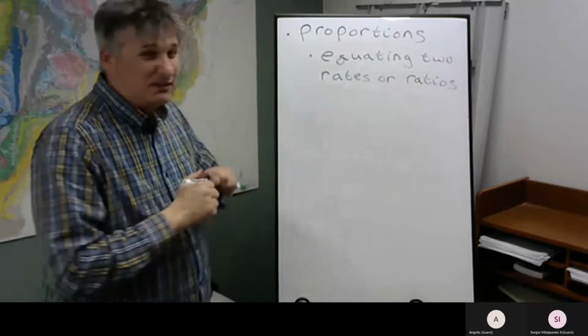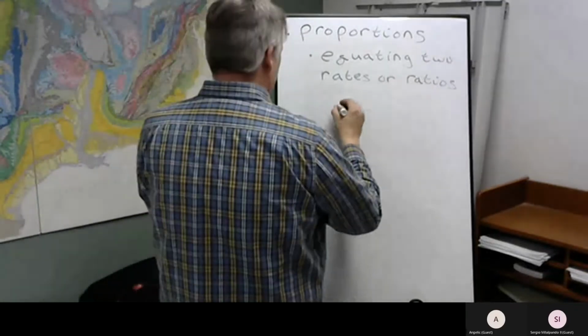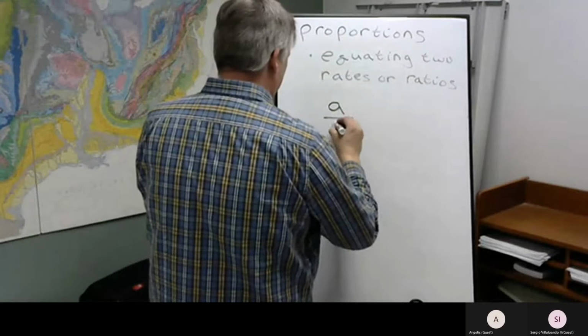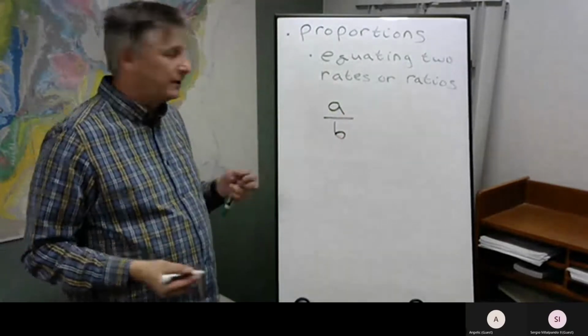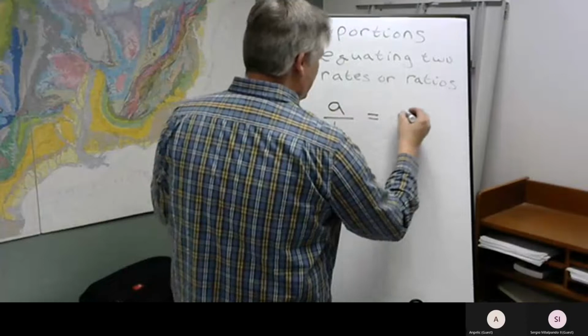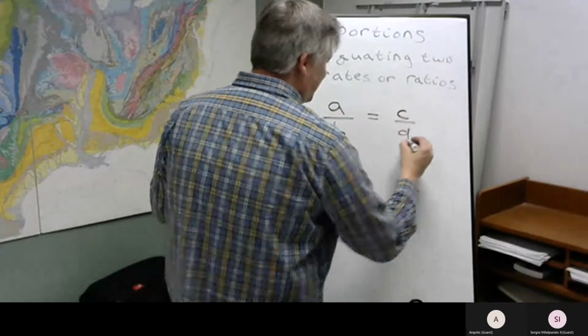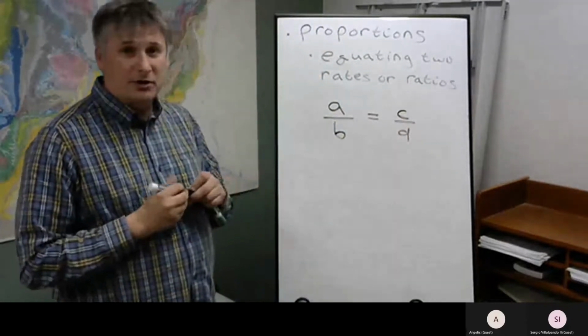And it looks something like this. So this could be a rate or ratio, A over B. And we're going to set it equal to something else that could be a rate or ratio.